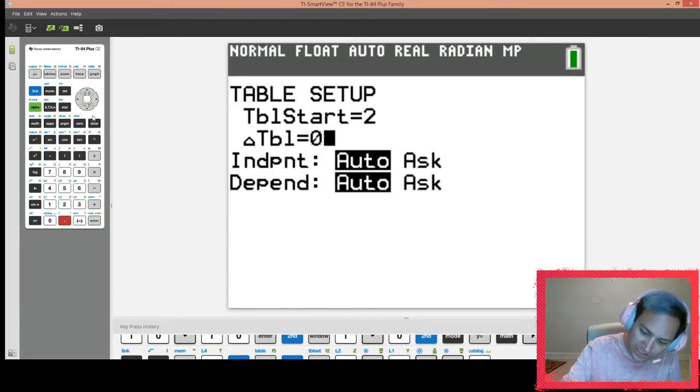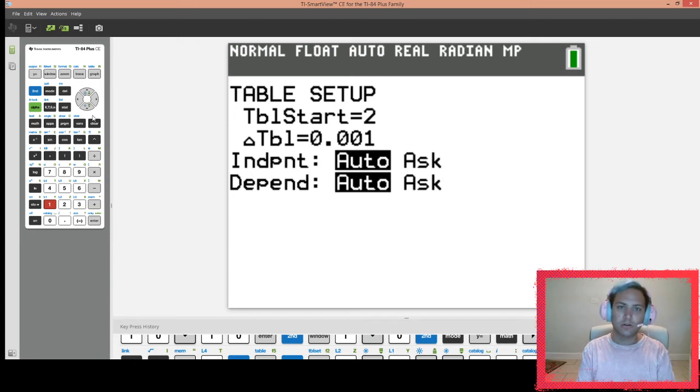So I'm going to change this to 0.001, because then I can see what's happening at 1.999, 1.998, and 1.997, or I can see what's happening at 2.001, 2.002, and 2.003. That's telling me what's happening as it converges onto 2 more accurately.